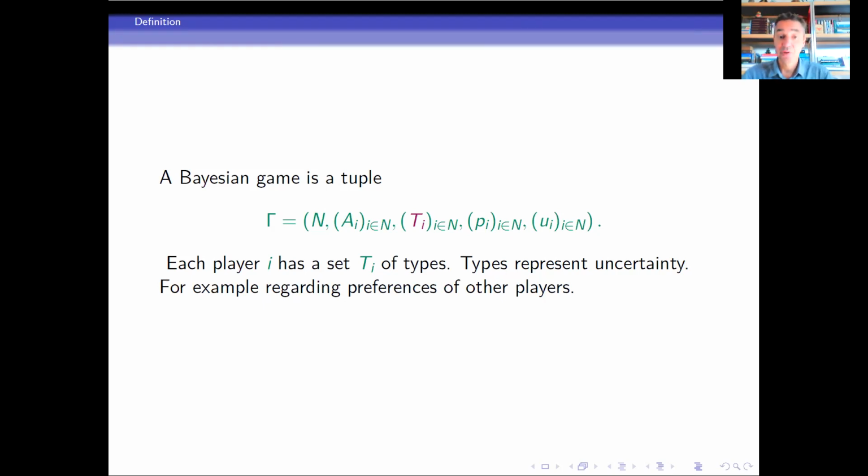So knowing your type represents information. The more you know about the types, the better informed you are. That's how you should read this. If you don't know types, then you have uncertainty because you don't know exactly which game you're facing. So that is the representation of information, or lack of information, you could say. We'll give that hands and feet in the application, so then you'll see how all this works. But for the moment, this is just the set of types.